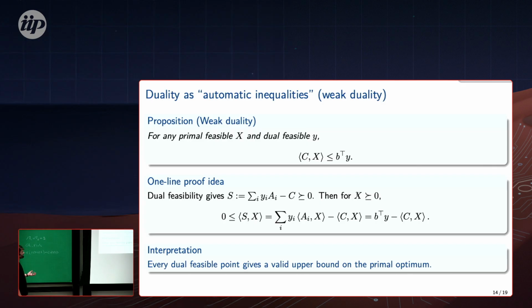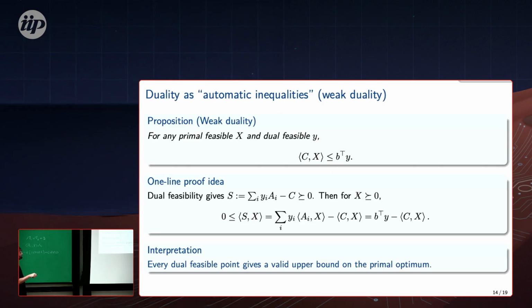And we see also that if you have any primal feasible x and dual feasible y, then this inequality here has to hold. Okay, how do we see that? Well, here I fixed my sign mistake, I believe. We have that this matrix here is positive semidefinite.